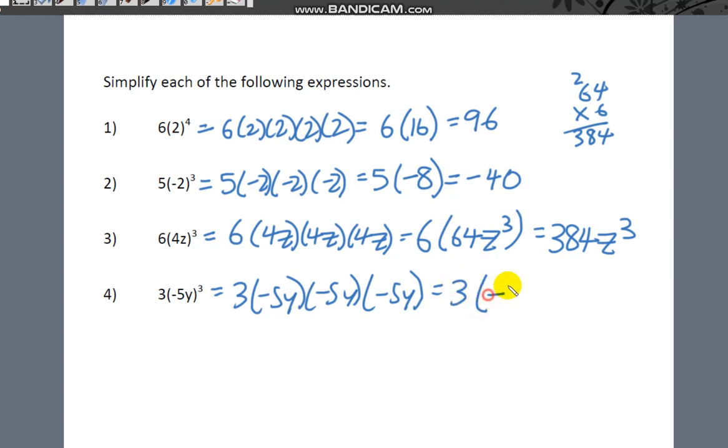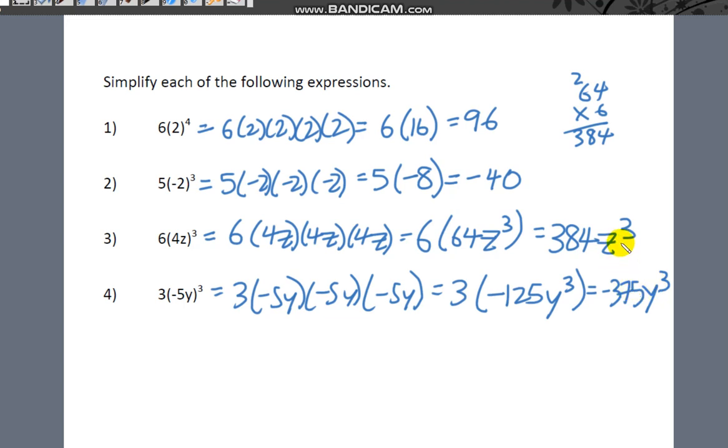So that's 3 times negative 125y cubed. Okay, now we can actually simplify this even further. Negative 125 times 3 is negative 375, and we have y cubed.